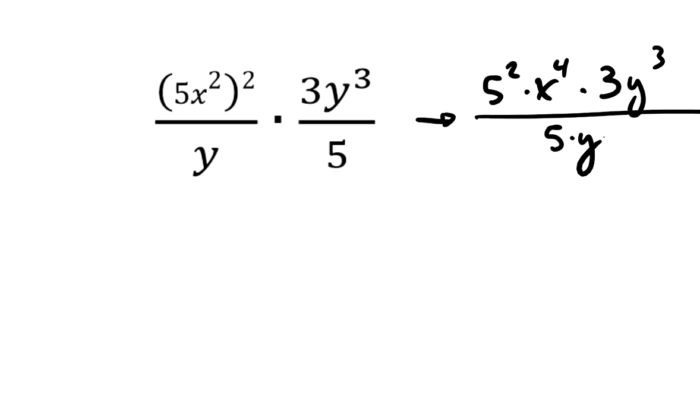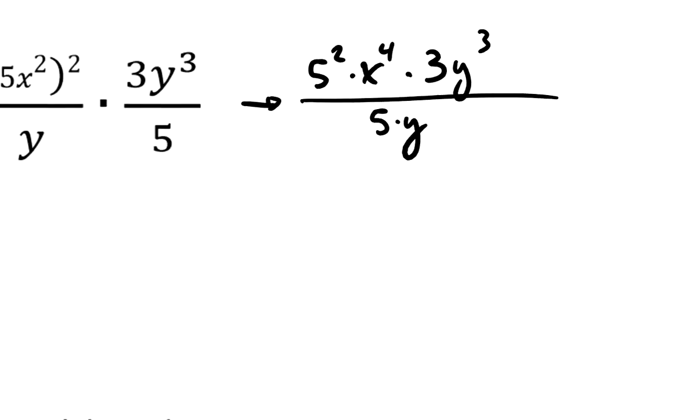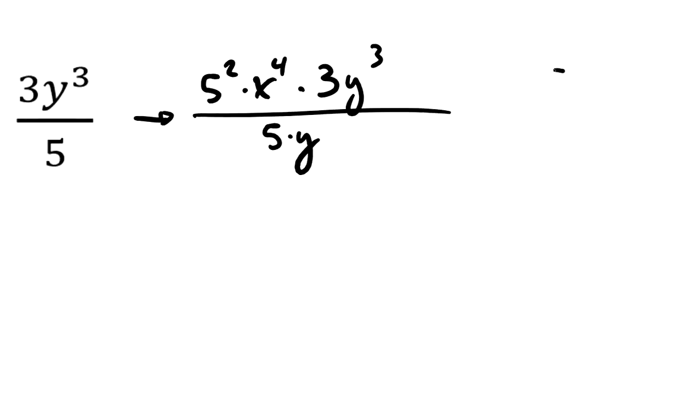There's some common factors here. When I look at the 5 squared, that's a 5 times a 5, and in my denominator there's a 5. So this is going to leave just a factor of 5 in the numerator only.